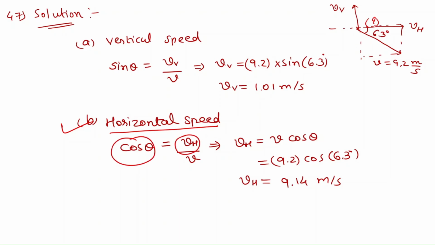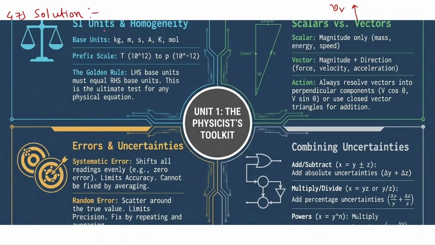Okay, cos theta means adjacent value upon hypotenuse value. So this is about vertical speed and horizontal speed.